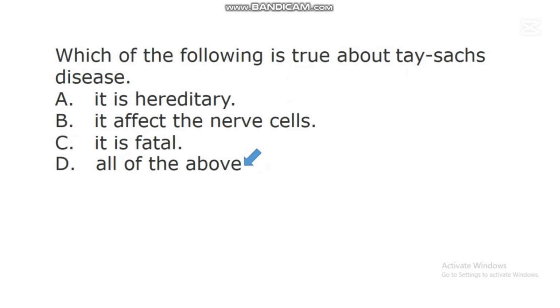It can kill an individual when medical attention is not given to that person. So this disease is a hereditary disease. It has a great negative effect on nerve cells, and it is also fatal. All these things are facts about Tay-Sachs disease.